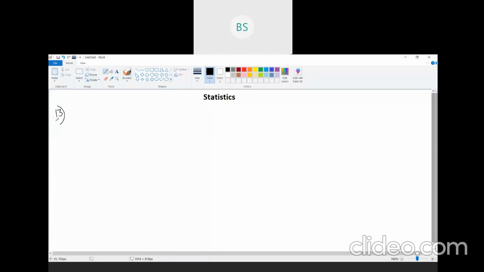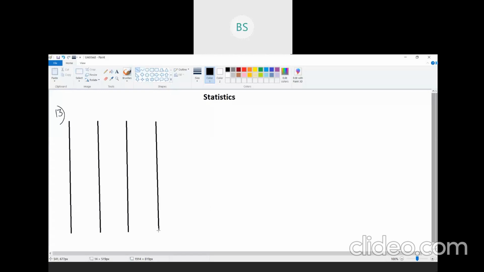Okay, then we'll start with question number 13, where we have to find out the missing frequency. Here variables are given.